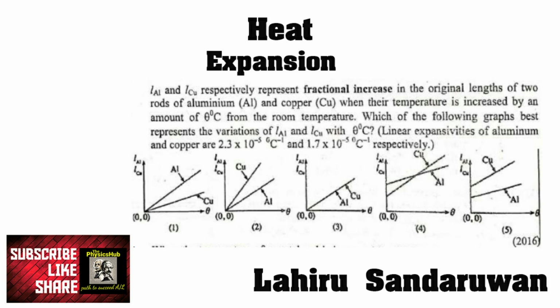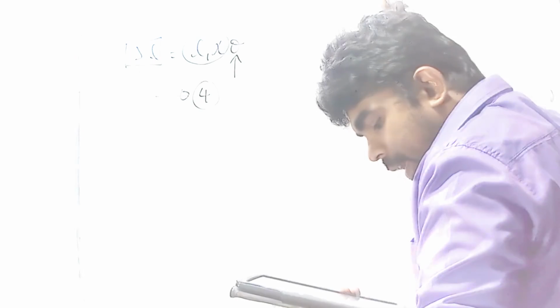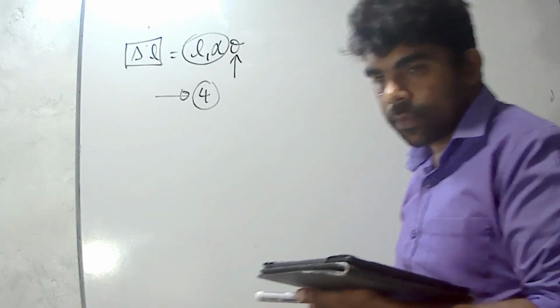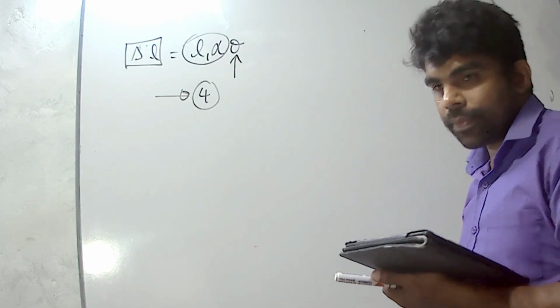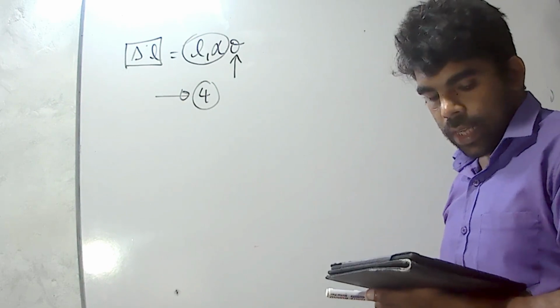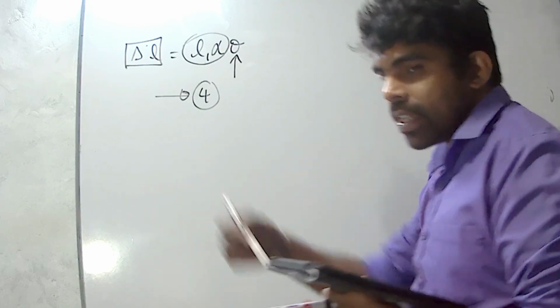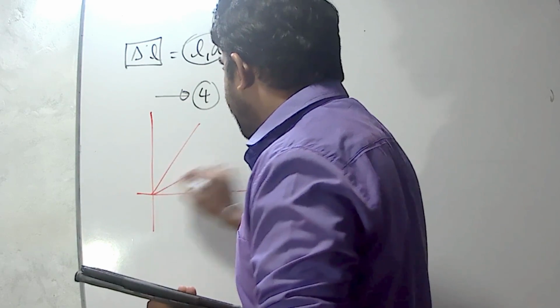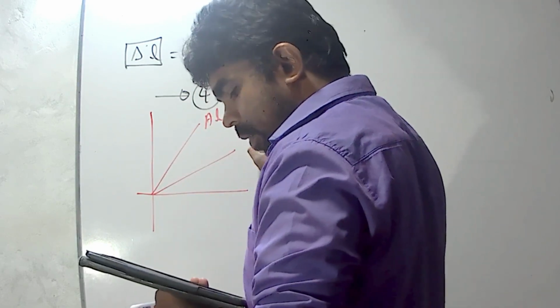Linear expansivity is given. We can compare linear expansivity. The linear expansivity of aluminium is greater than that of copper. Therefore, we can get the first one as the correct answer. The length of aluminium should be greater than the length of copper.